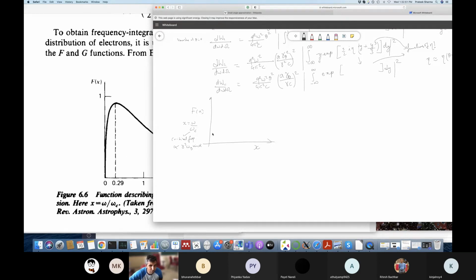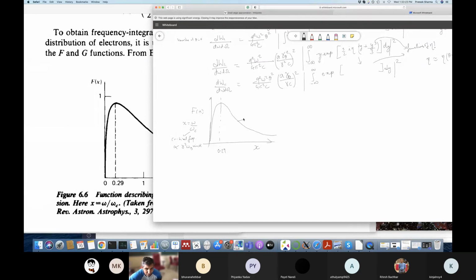At x equal to 0, which corresponds to 0 frequency, it has a cutoff, so it actually goes to 0. It rises, and then there is an exponential drop off, and it has a maximum at 0.29. This is f(x).